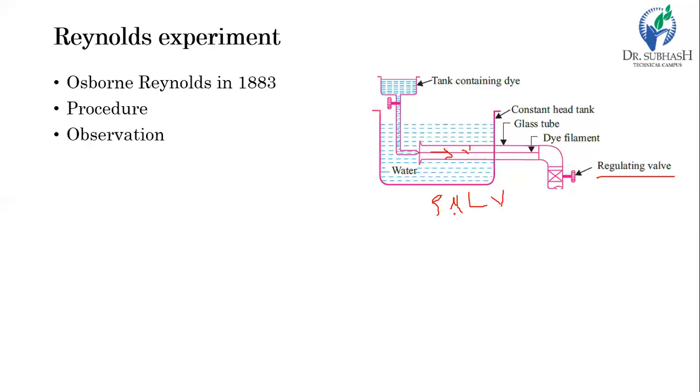We will vary only the velocity, and according to this velocity, the Reynolds number will differ for every experiment. Rho is constant, dynamic viscosity at a particular temperature is also constant, and length is constant because it is a physical parameter of the pipe.